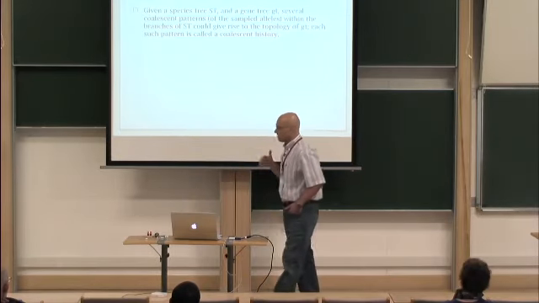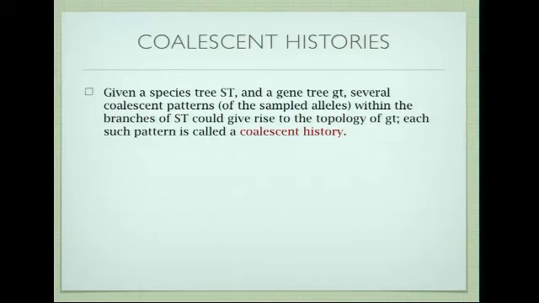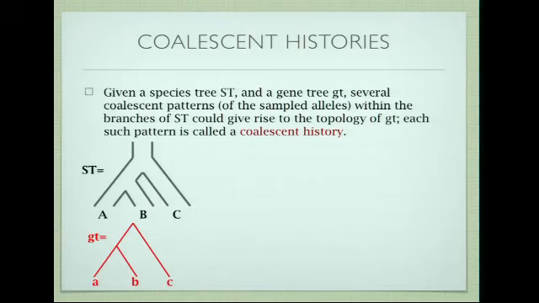Now, central to the reconciliation criteria that I will look at is the concept of coalescent history. So given a species tree and a gene tree, I can explain the gene tree by a pattern or by a sequence of coalescent events that could have taken place in the branches of the species tree. So to illustrate, suppose we have that species tree and we have this gene tree here.